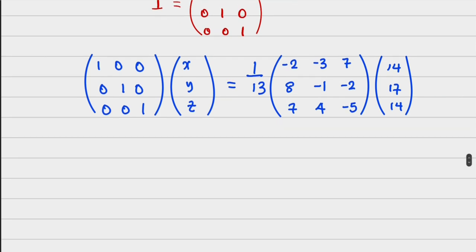Now I'm going to use another identity to make it look better. Now you see these two, when I multiply them, this is what is going to happen.